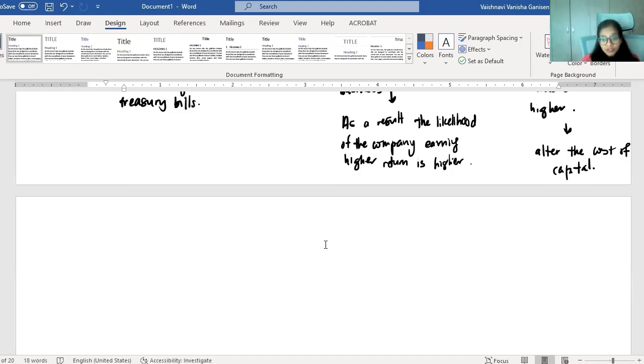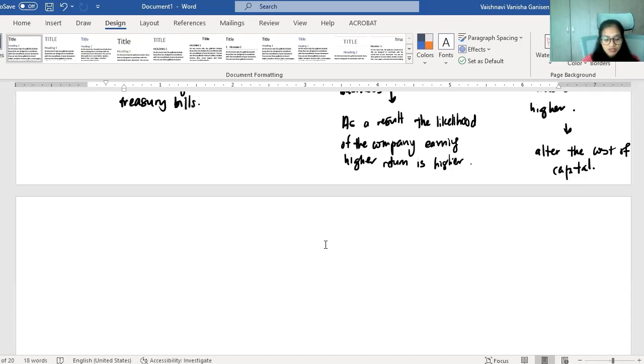And as a result of that, because their position is so much more secured, they do not bear a higher risk.